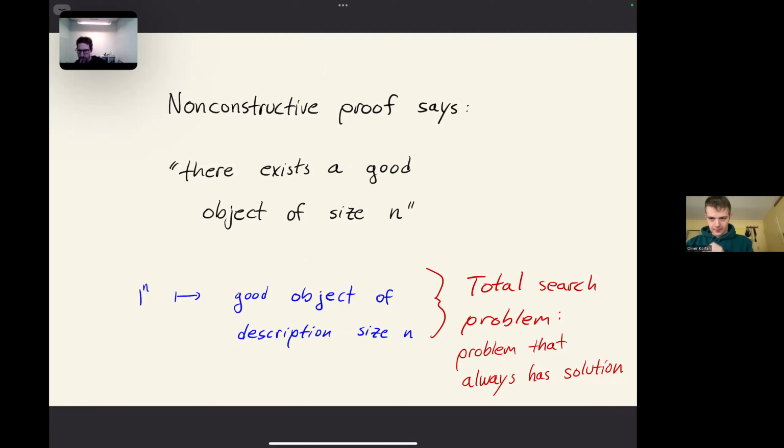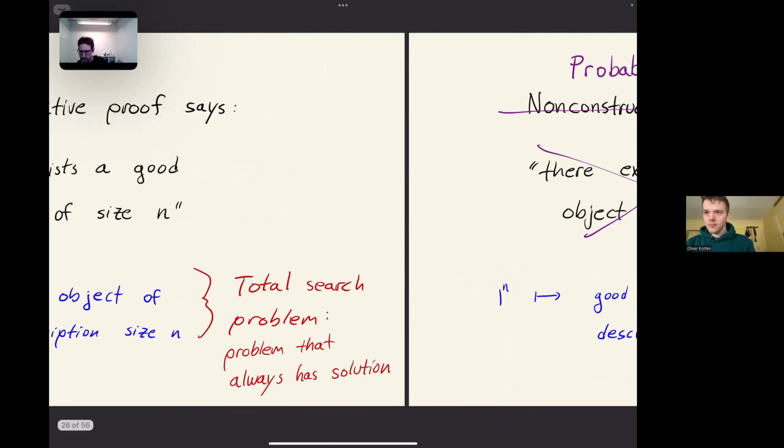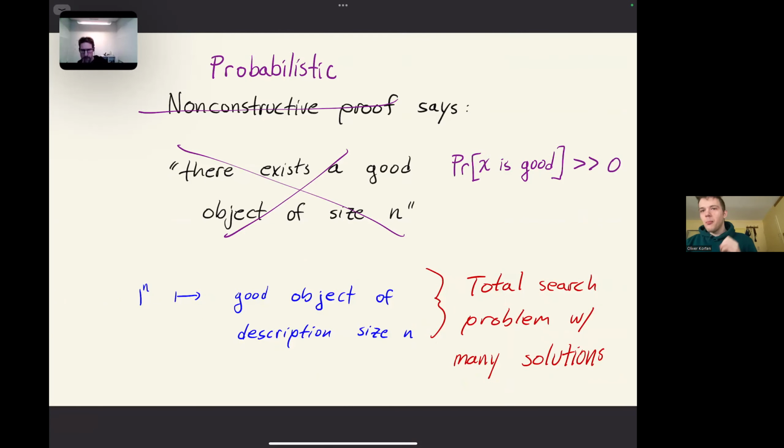And a little bit more than that: the probabilistic method proof actually gives us a little bit more. Not only does there exist a good object, but if I choose one at random, it has a very high probability. So this is not only a total search problem, but one that typically has many solutions.